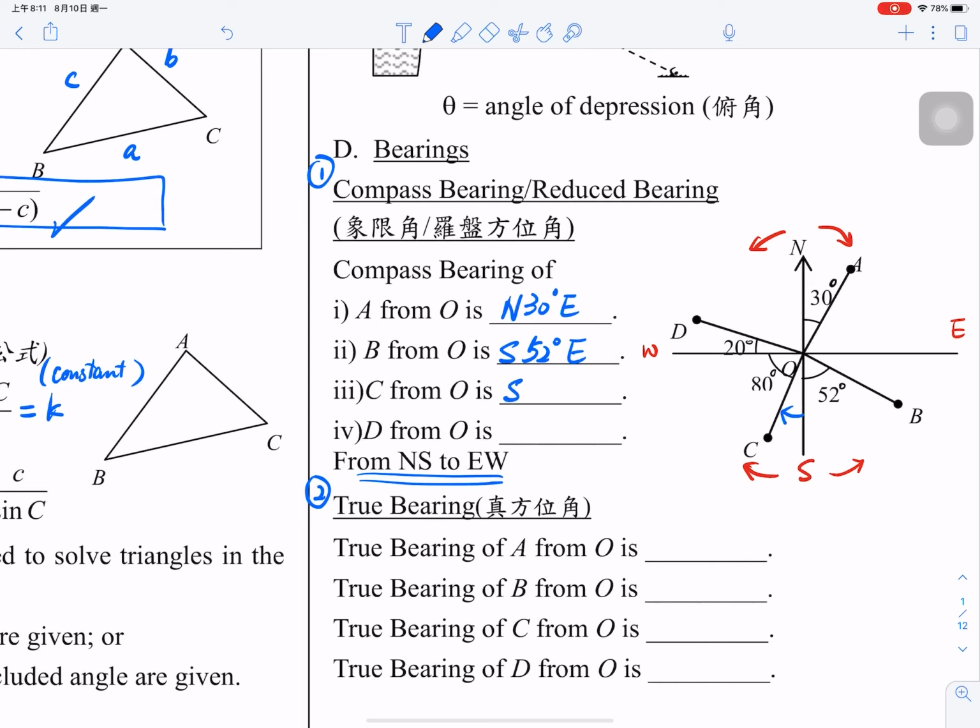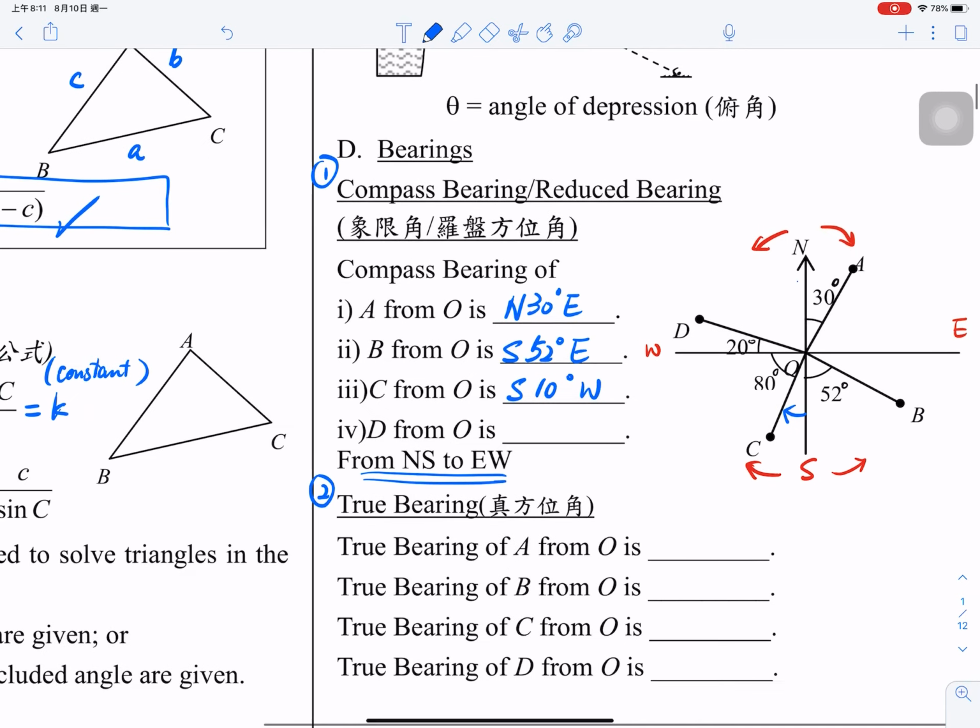So S, W, and this time you need to calculate 90 degrees minus 80, so this one is 10 degrees. How about D from O? D is here, and read it from north to west. So N, W, and this time 70 degrees, correct. Clear? Not so difficult, right?